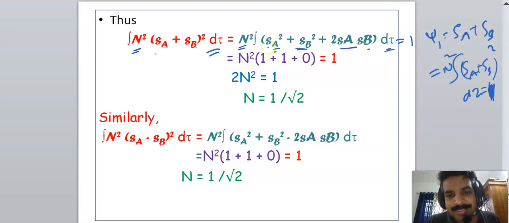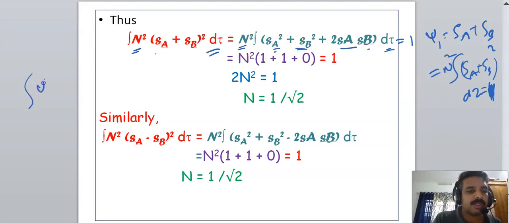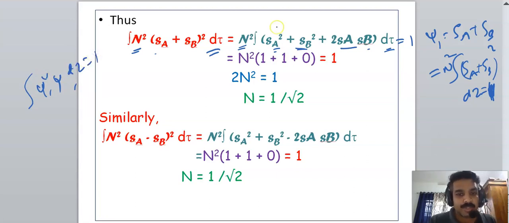So the integral of SA square, SA is a wave function. According to normalization, the integral of psi1 star psi1 d tau is equal to 1. That is normalization. So the integral of SA square is equal to 1, the integral of SB square is equal to 1, and the integral of SA SB d tau is equal to 0 because they are orthogonal.